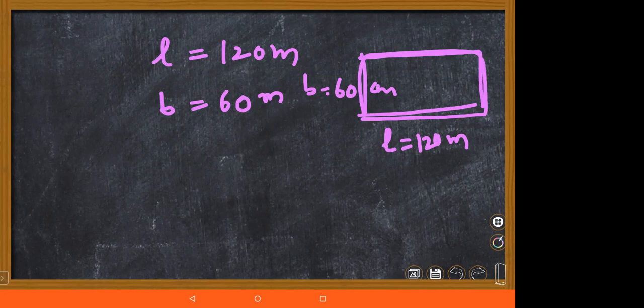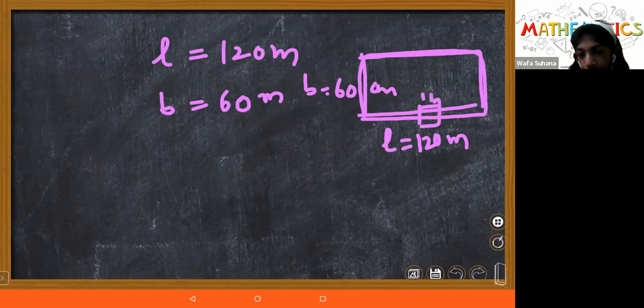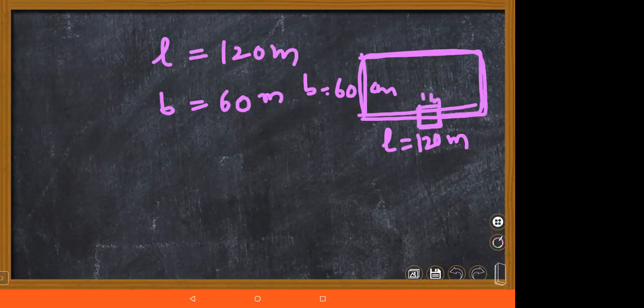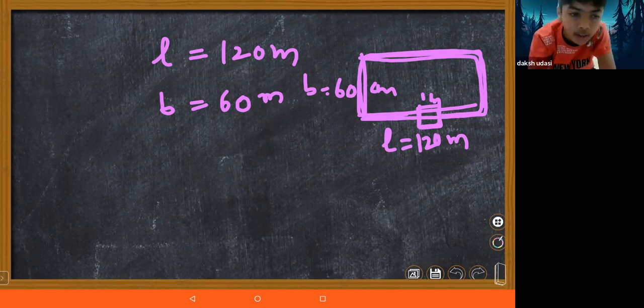But one condition is given. Somewhere for the gate, a 1 meter length is left. The rest of the part is only fenced. That is the condition. Ma'am, it's 900, wait, 997.